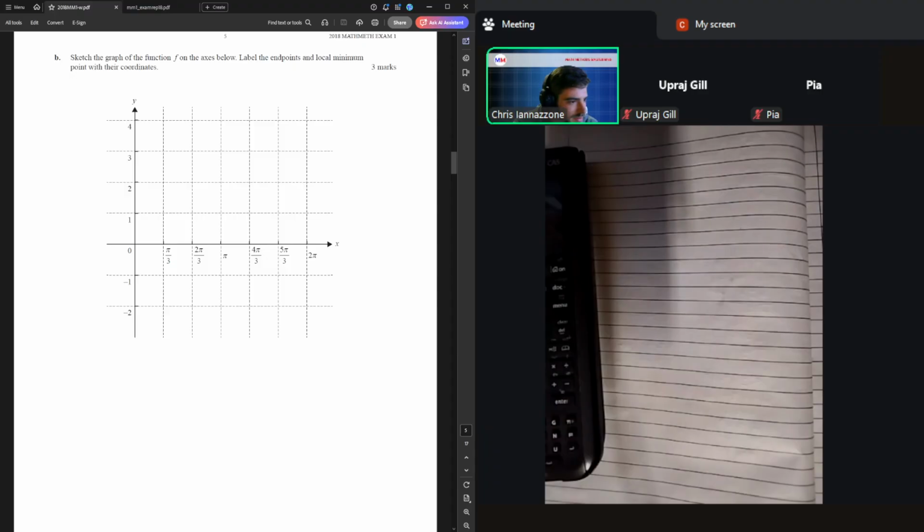As long as you are confident enough in your ability to sketch circular functions. There's no horizontal translation, so it's still just 0 to 2 pi. Yes, there is a vertical one, which would normally be a pain, but our answer to part A actually helps us quite a bit here in saving some time.